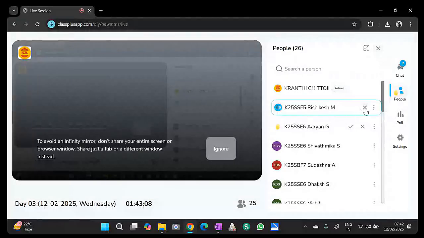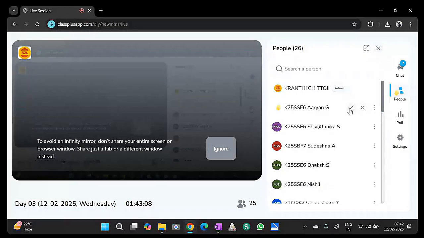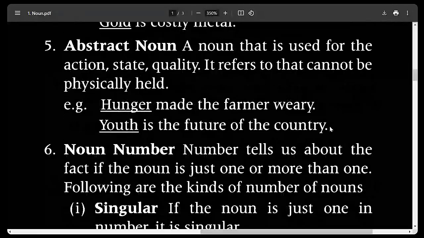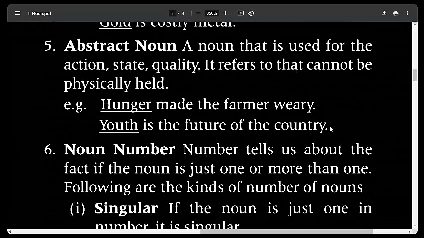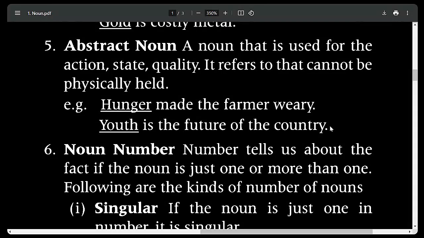Now, Aryan, what's your doubt? Sir, abstract noun can be felt. Abstract noun cannot be felt physically.